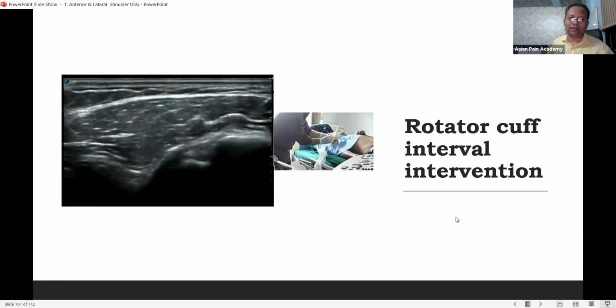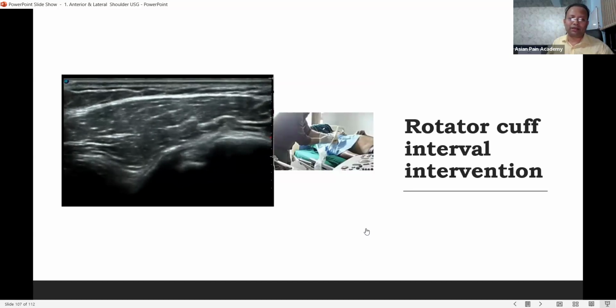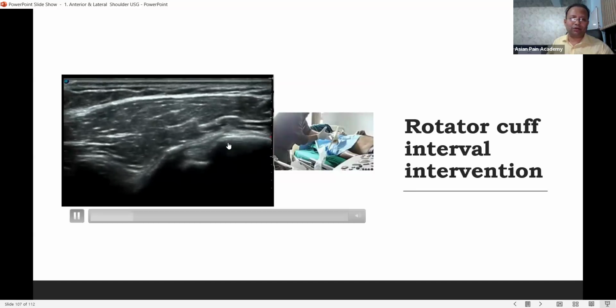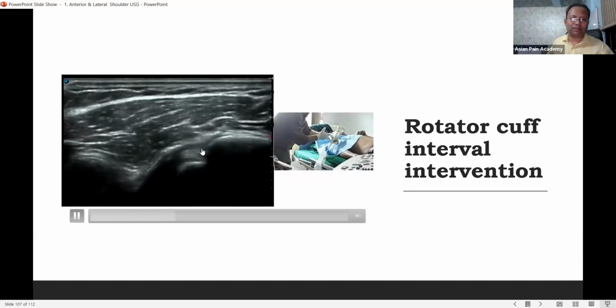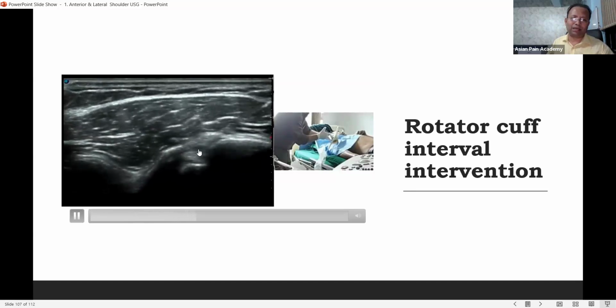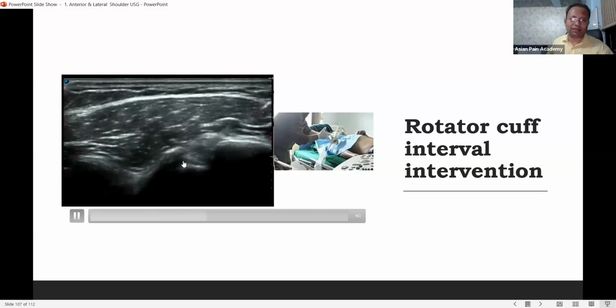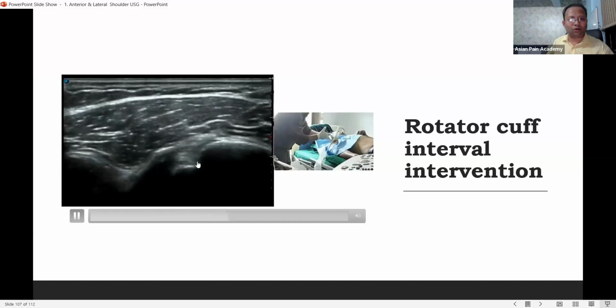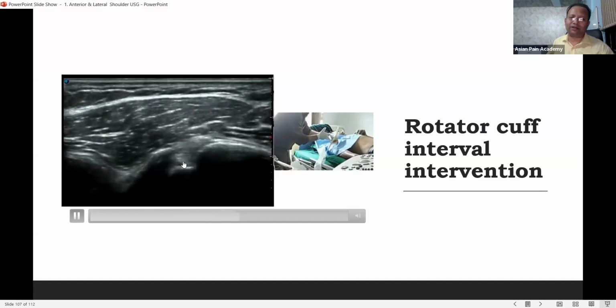Rotator cuff interval intervention injection. So we are injecting inside the joint. We are coming from the lateral side and going towards the medial side. I have just punctured the coracohumeral ligament. Under the coracohumeral ligament, and around the side of the tendon, the whole area is the rotator cuff interval.